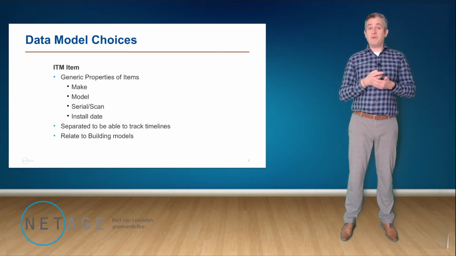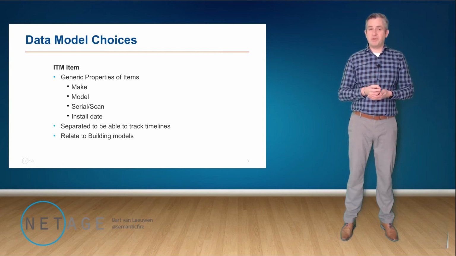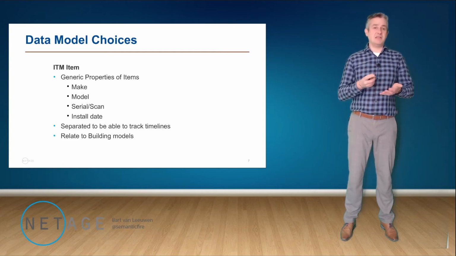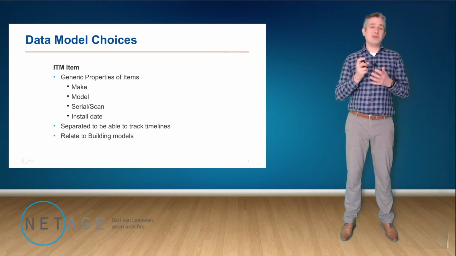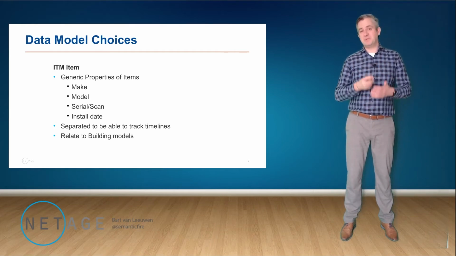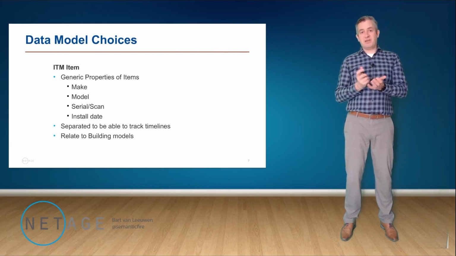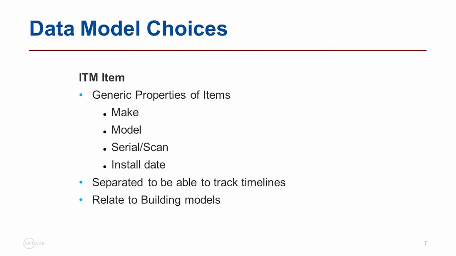What we've done, which is different from the data we've got, but the data did support it somehow, is describe the ITM item specifically in a separate mini graph. There we store the generic properties of an item: the make, the model, the serial number, the install date, and some of these more static things about a specific item.